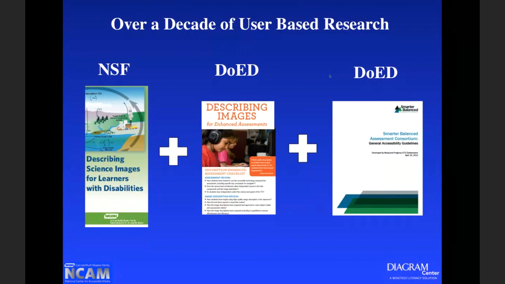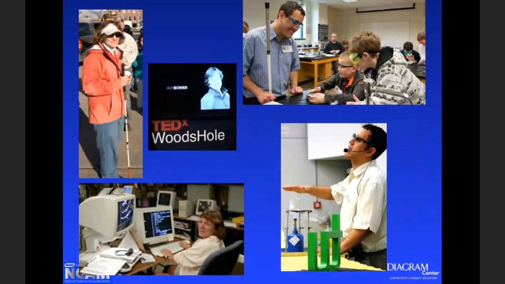The way we've done this research is working with some wonderful STEM professionals, science, technology, engineering, and math professionals who are blind or have low vision, and working with them to uncover the techniques and the ways that they moved through their education, including postgraduate, into their graduate work and into their professional careers, because still they are working with images and visual information every day.